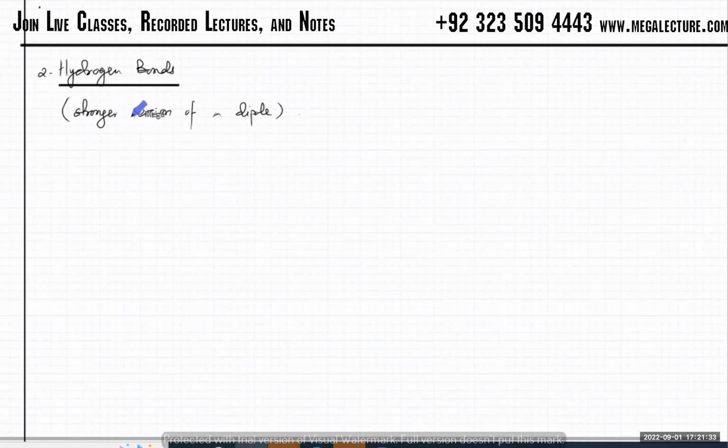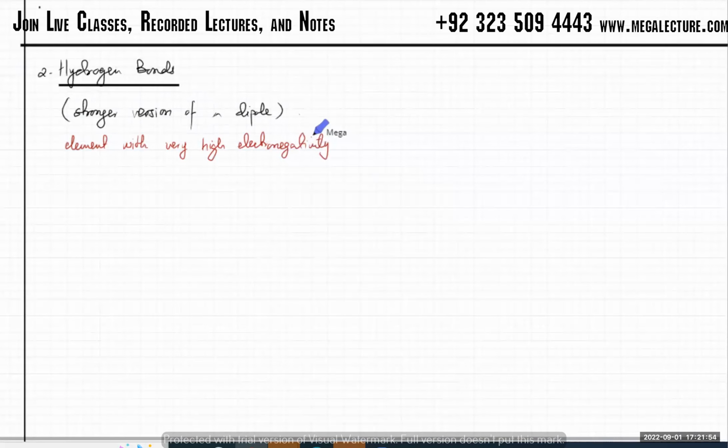कि you need an element with very high electronegativity. अच्छा, तीन elements that have very high electronegativity.